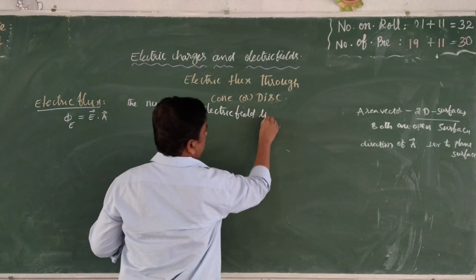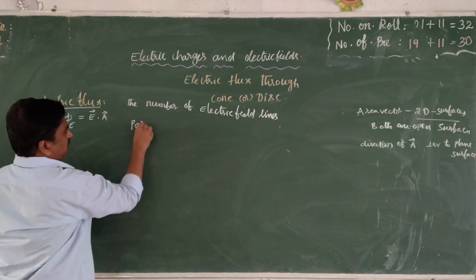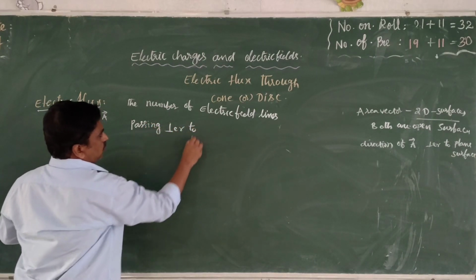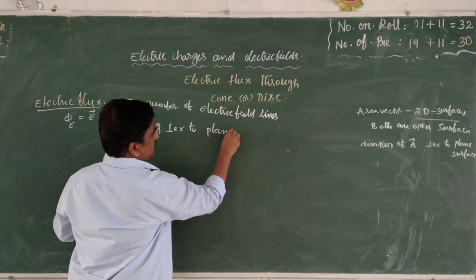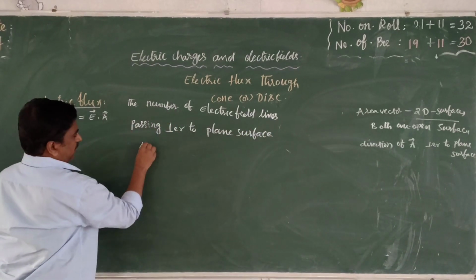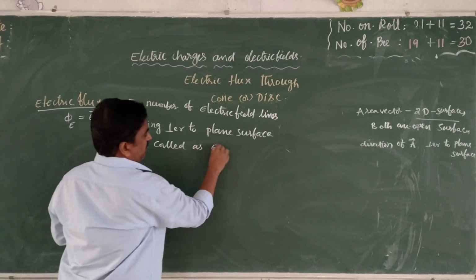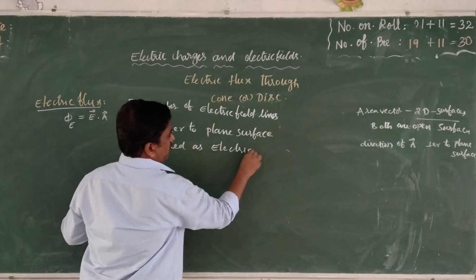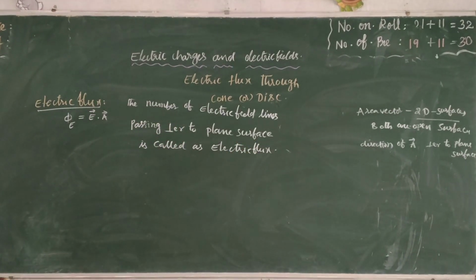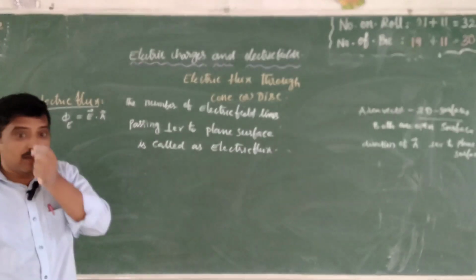The number of electric field lines passing perpendicular to a plane surface is called electric flux.